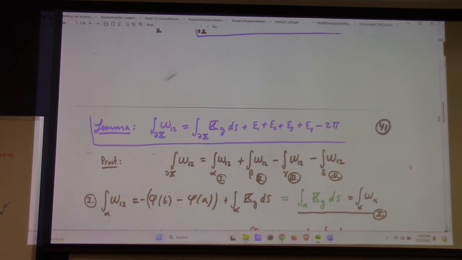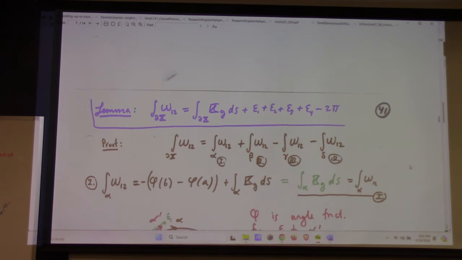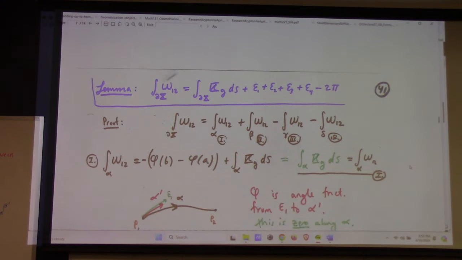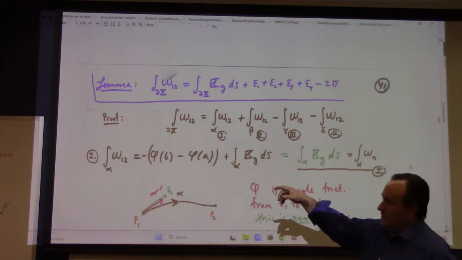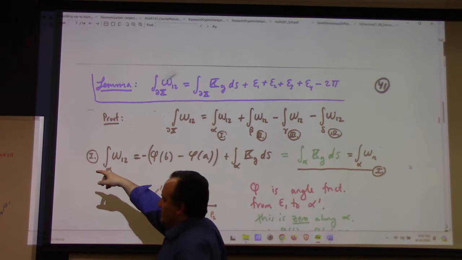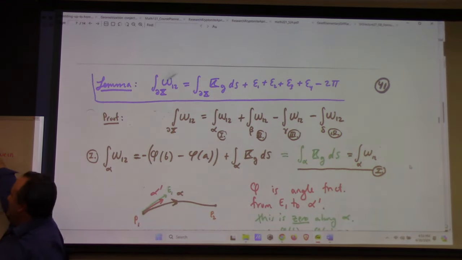The proof that the integral of the connection one form is equal to that rests on integrating the connection one form on each segment. But remember, by the thing I have written over here, we can solve this for the integral of the connection form.